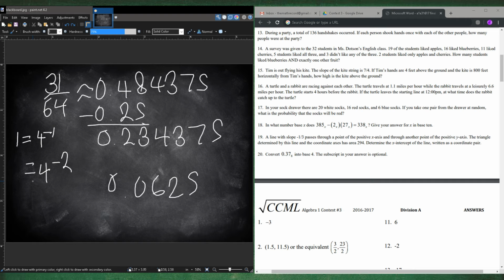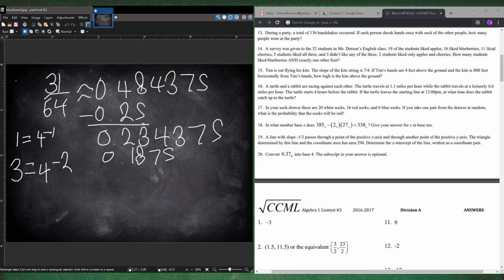We can try 4, but it's not going to work with 4, so maybe 3. Yes, it can go with 3, so it's going to be a 3. So 3 times 0.0625 is 0.1875.